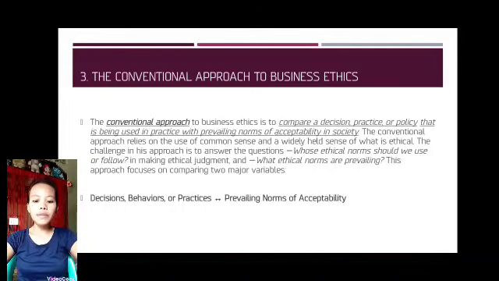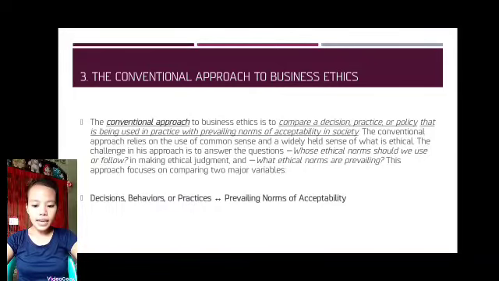So the conventional approach is very important in business because it is a business ethics approach where you can compare your decisions, whether they are good or not, your practices and the policies that are being used in practice, against the prevailing norms of acceptability in society.